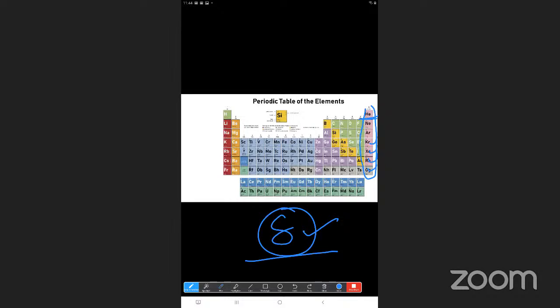So all these elements want to be stable with 8 electrons in the valency shell like noble gases. When an element has 8 electrons in the valency shell, it is stable, so that atom has no need to gain, share, or lose electrons.